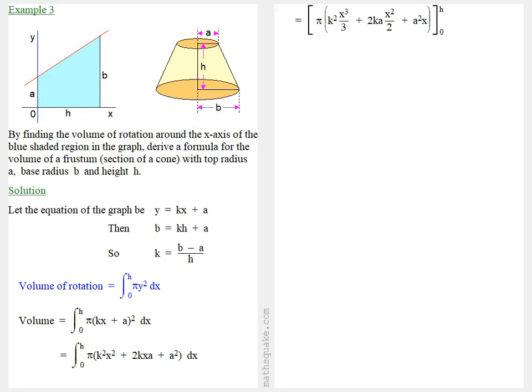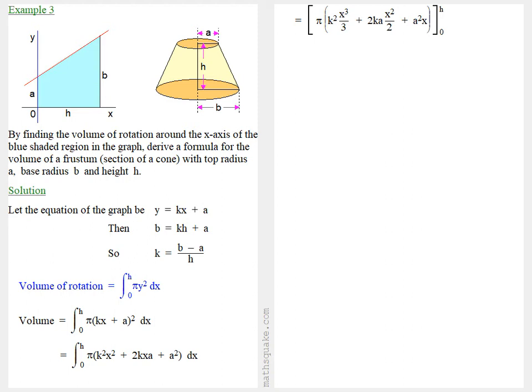Now, when we integrate k squared x squared, we get k squared x cubed over 3. When we integrate 2kxa, we get 2ka x squared over 2. And when we integrate a squared, we get a squared x. And we're taking that between the limits 0 and h.